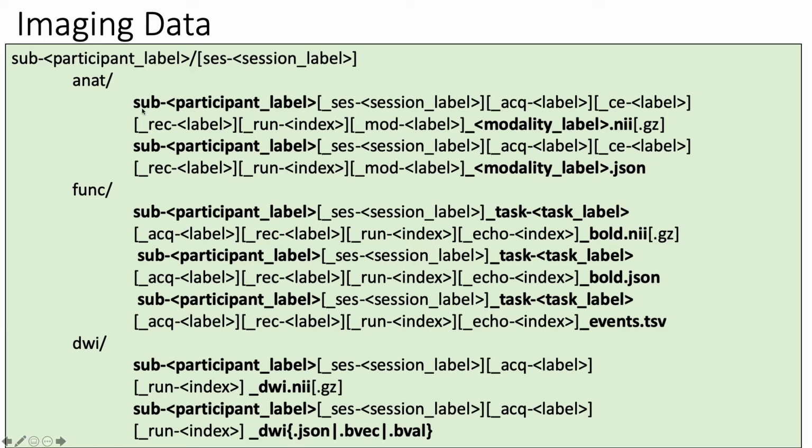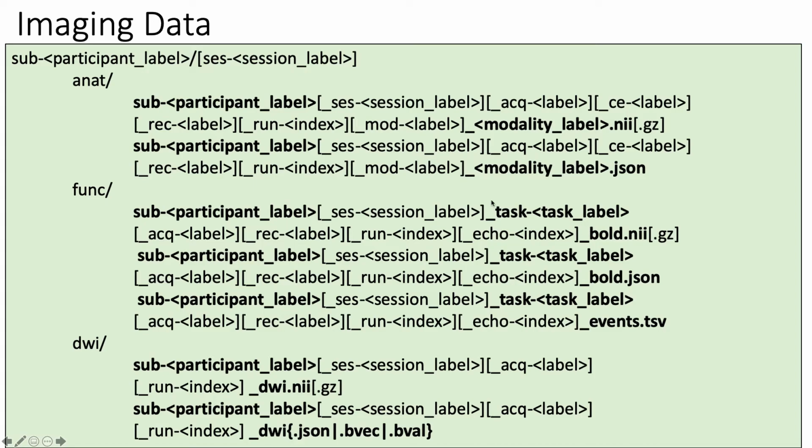And within them, you have a certain way that you would name your files. As you see in bold, there are certain things that are mandatory, namely what your subject ID is and what modality the image is: T1 weighted, T2 weighted, FLAIR, proton density, and so on. And then is it NIfTI or JSON, or for example with diffusion you have bvec and bval files that have additional information.